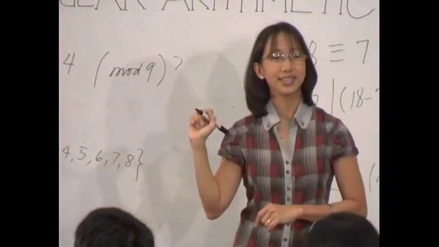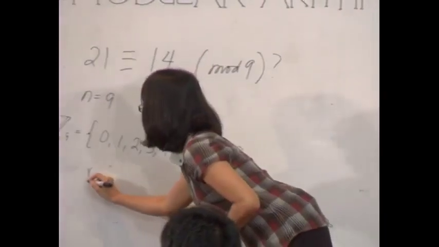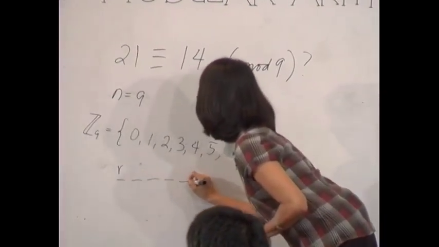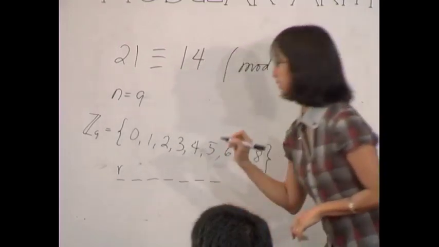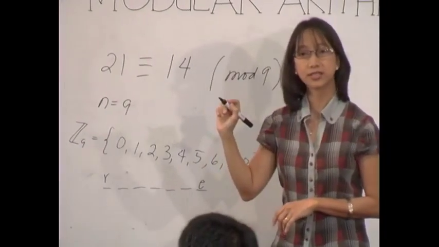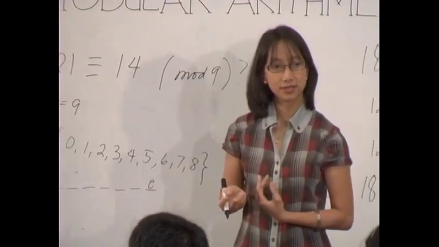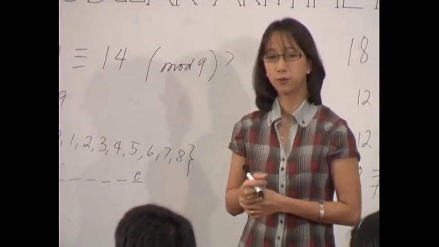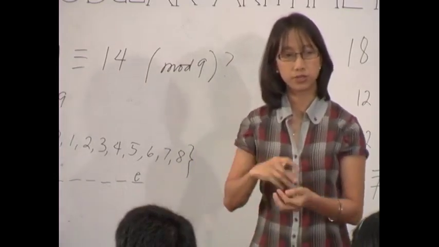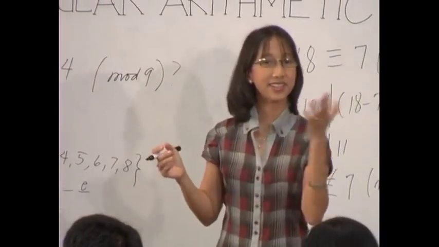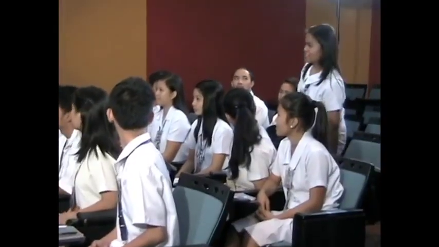Ends in E. Another name for remainder? It's actually what remains when you divide by 9. Yes, Roxanne? Yes, residue. Okay. All right.